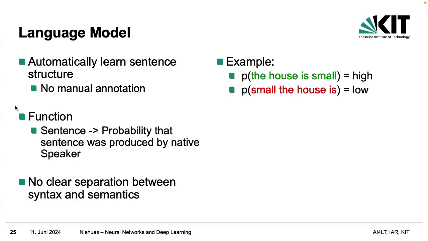Of course, there is a lot of information in there that makes this possible. In language in general, you have on the one hand syntax, which is about how to structure a sentence. Otherwise there is semantics, which tells you the meaning of the sentence. A correct sentence should be both semantically and syntactically correct. But of course, you can have sentences which are syntactically correct but don't really mean anything.